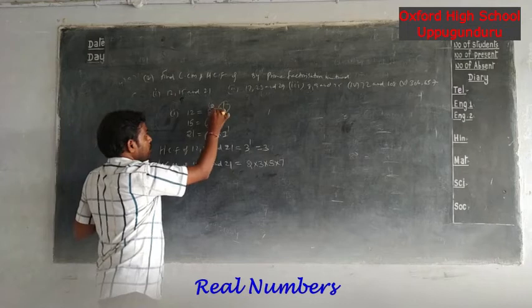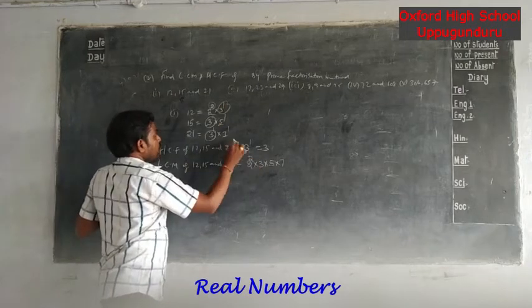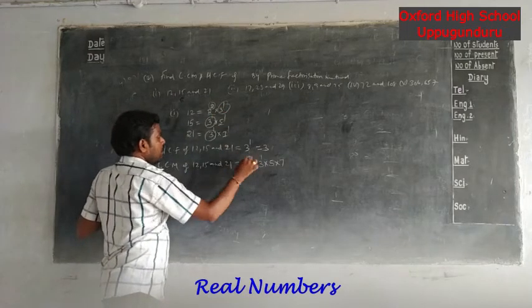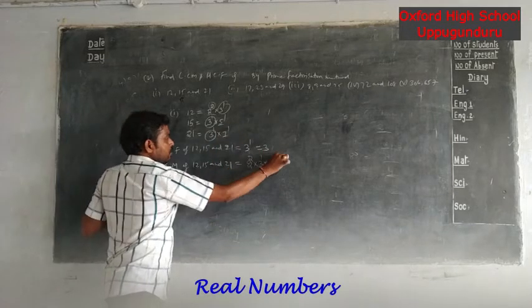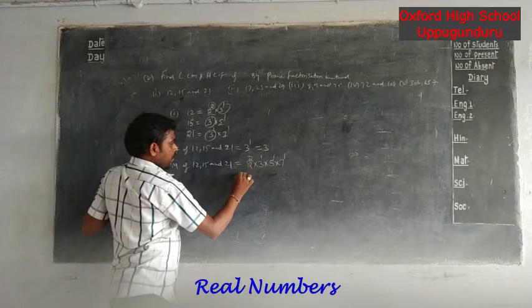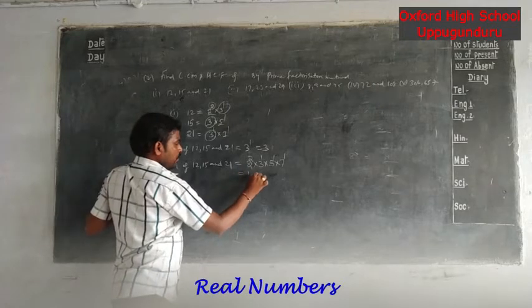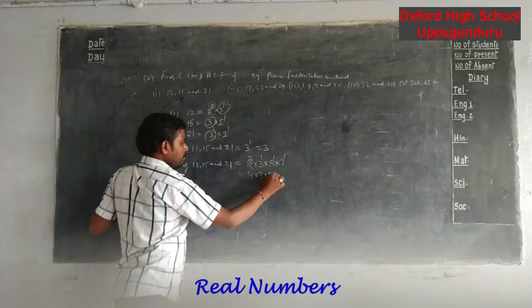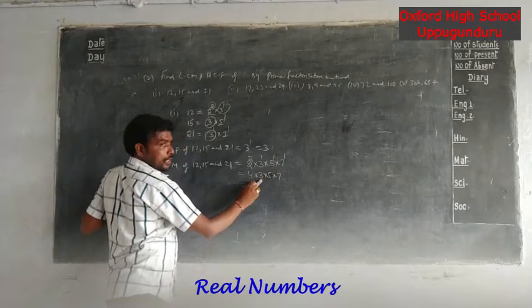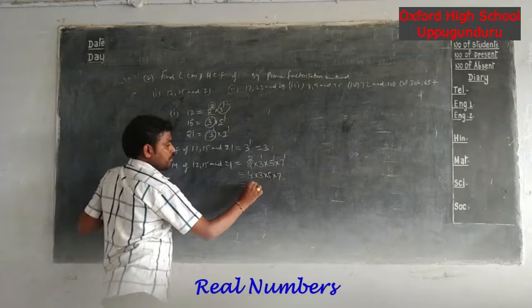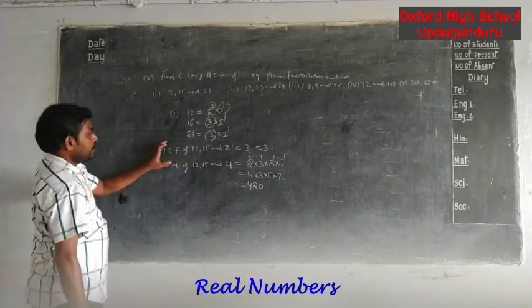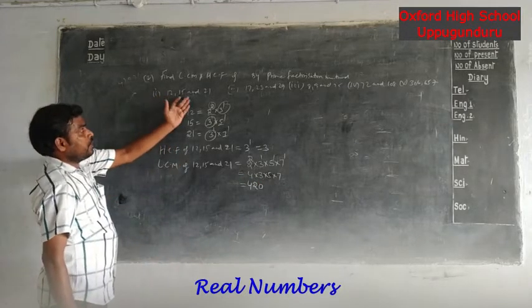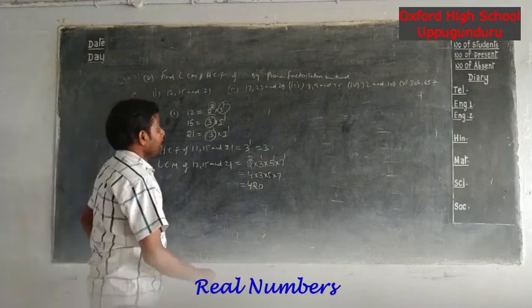For 2, what is the highest power? 2. For 3, highest power is 1. For 5, highest power is 1. For 7, highest power is 1. Now 2 square, 4. 4 into 3 into 5 into 7. 4 3s are 12. 12 5s are 60. 60 7s are 420. This is about LCM and HCF of 12, 15 and 21.